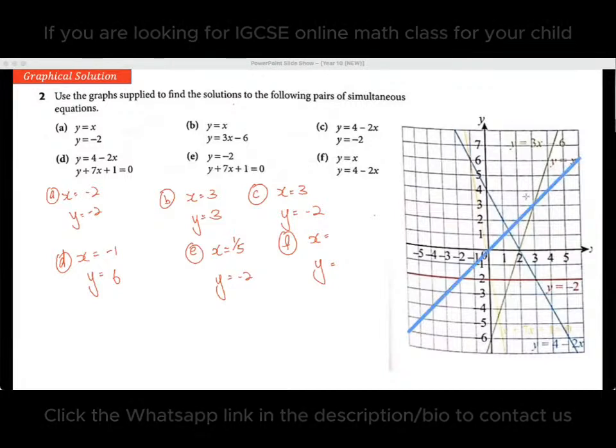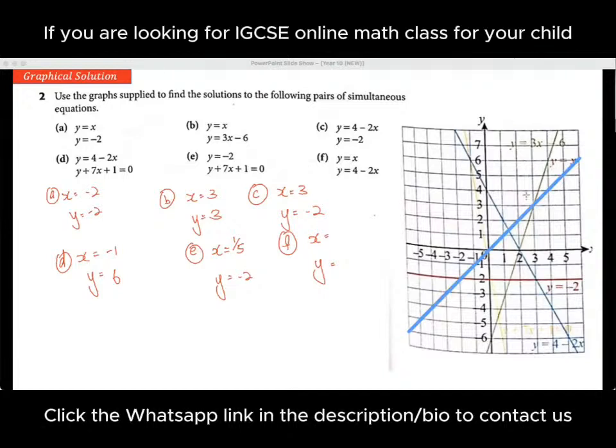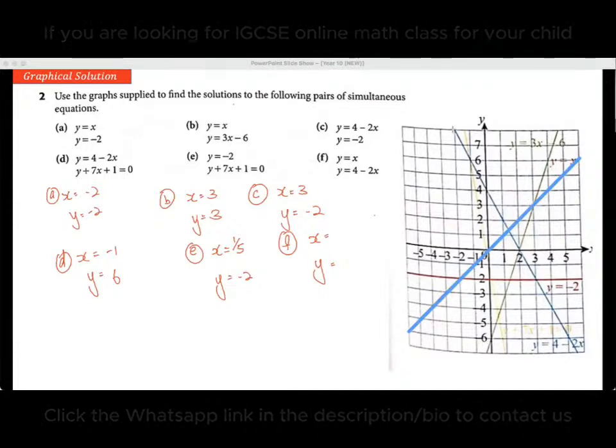And then y equals to 4 minus 2x. Y equals to 4 minus 2x is this.